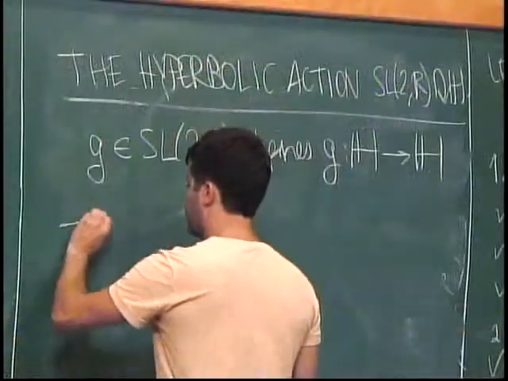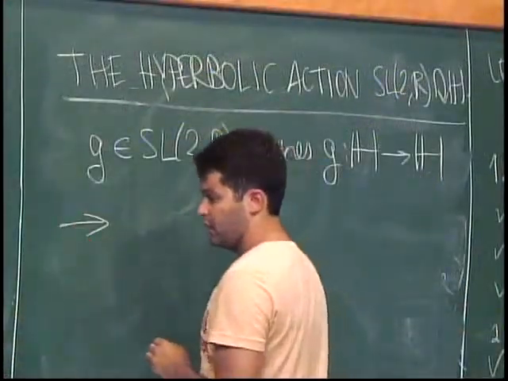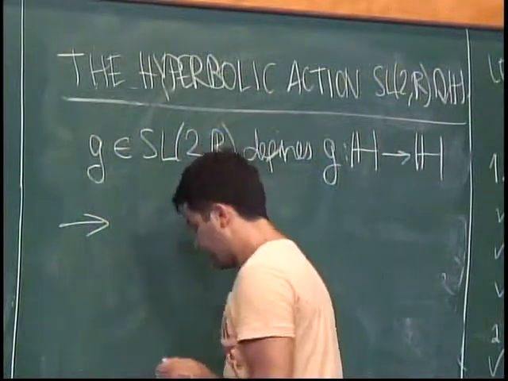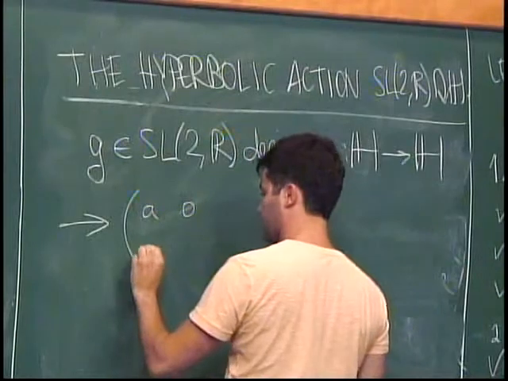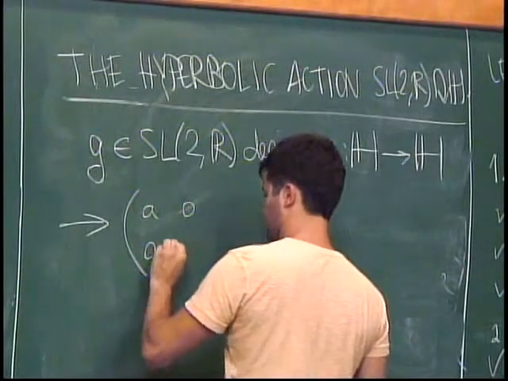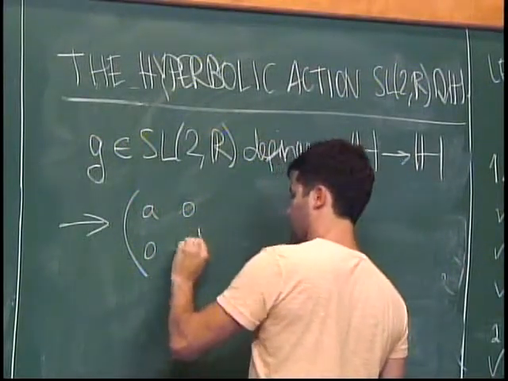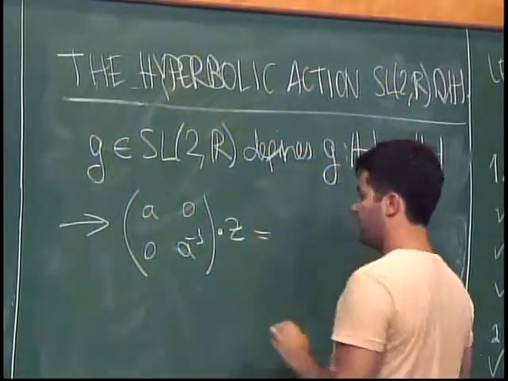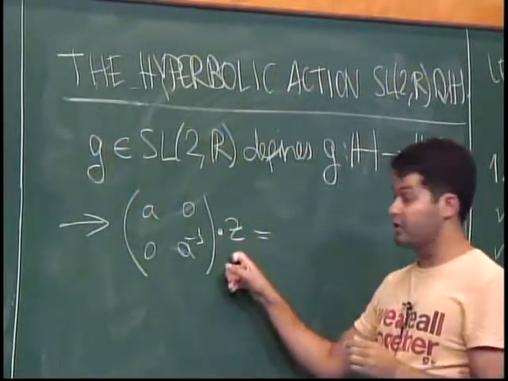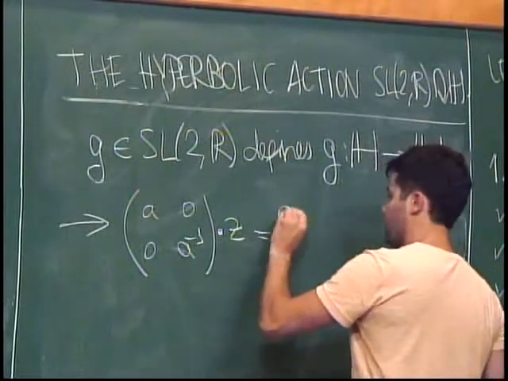And a few properties of these guys, for example. What does an element of A do? If you have an element like this, what happens if you apply it to a point Z? Well, it acts by fractional transformation. How is the fractional transformation defined?